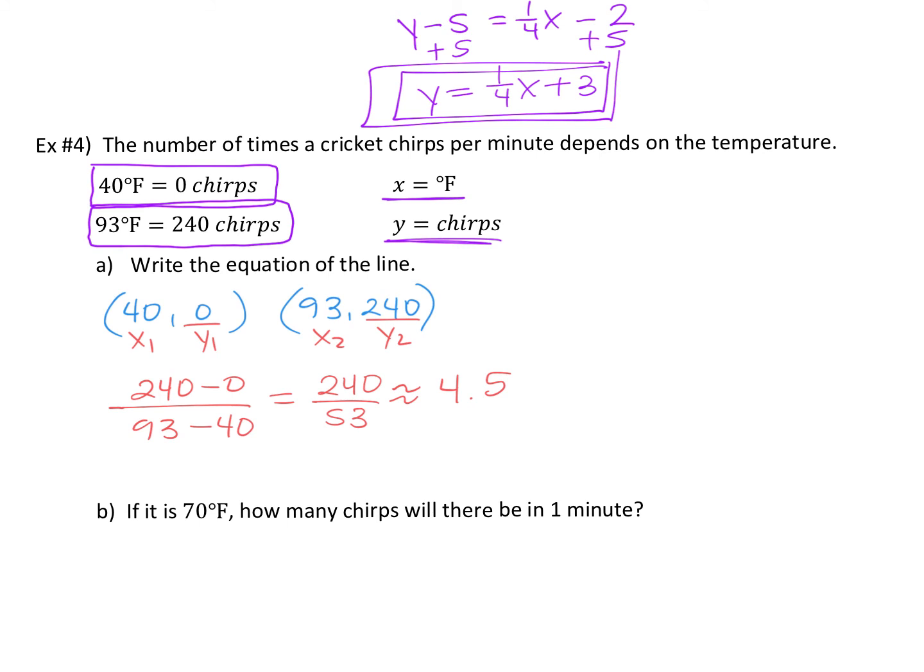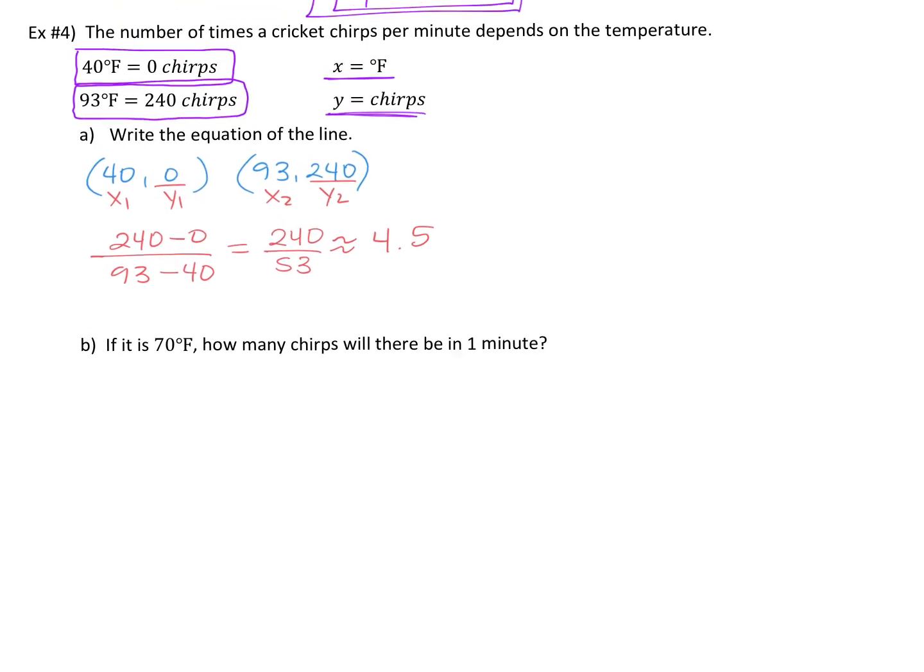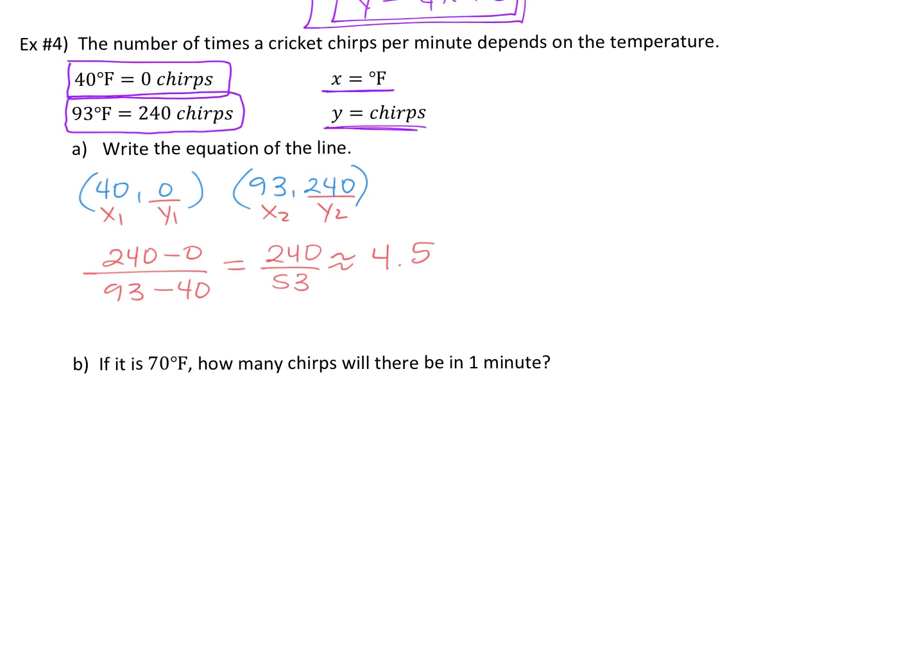This one doesn't say what type of equation, so I'm actually going to give it to you all 3 ways just for a little bit of practice. We're going to do point slope form, slope intercept form, and standard form. So with this, how would you put it into point slope form? Which point would you use?